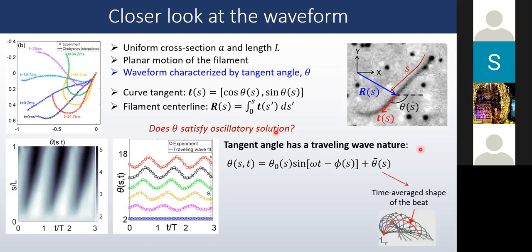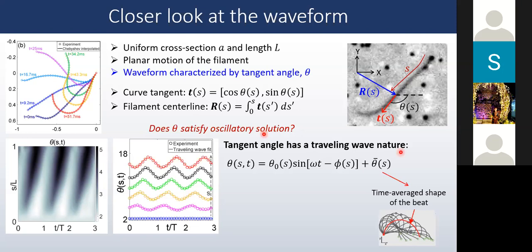Don't worry about it, because the filament is beating asymmetrically: when it is going in the forward direction and coming back, the waveform is not similar, and you have a time-averaged shape of the beat, and this offset is characterizing that. We are not interested in this time-averaged shape. Rather, we are interested in the dynamic oscillatory beat of the filament about the mean shape.